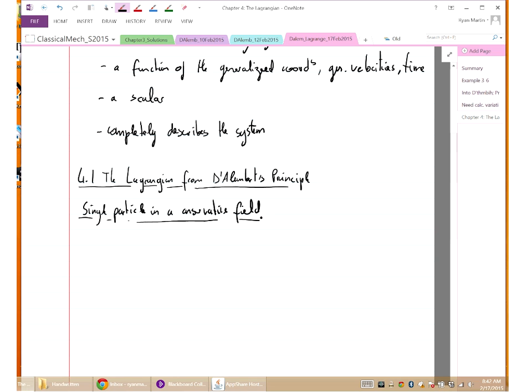So first let's say that V equals a conservative field. And that field gives rise to a force F given by minus grad V, sorry.